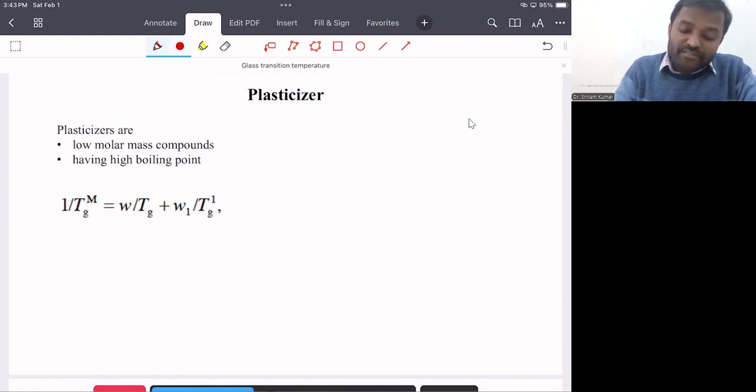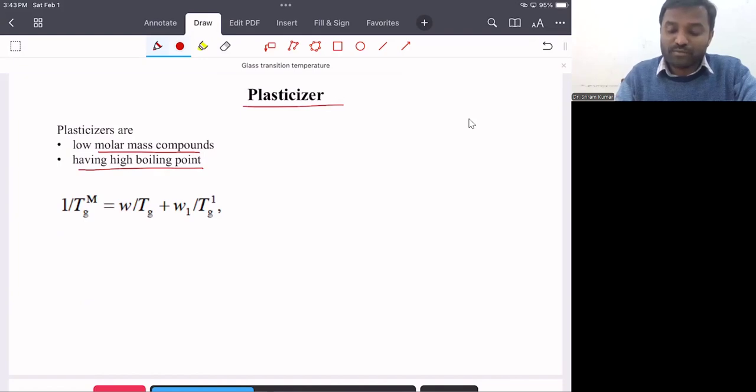A plasticizer is a molecule with a low molar mass and a high boiling point, so that it cannot evaporate from the polymer at working conditions. That's why we need a liquid which has a very high boiling point.